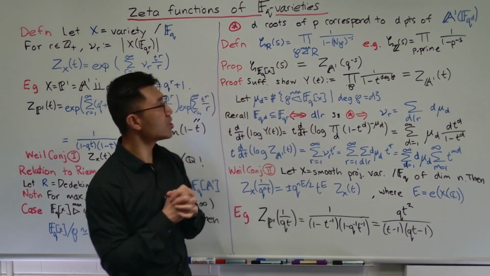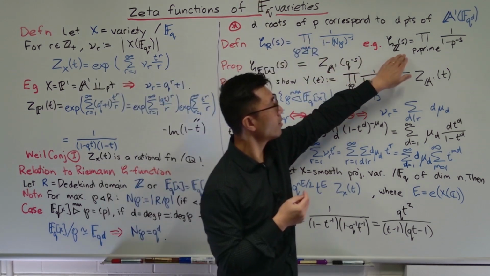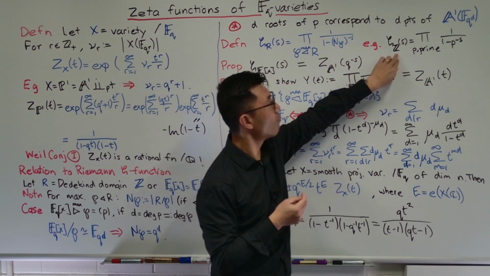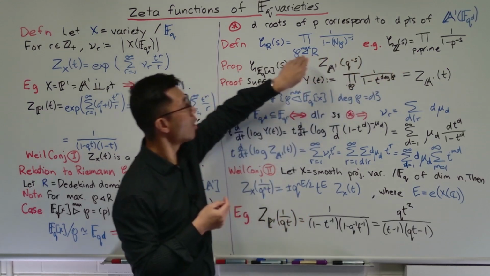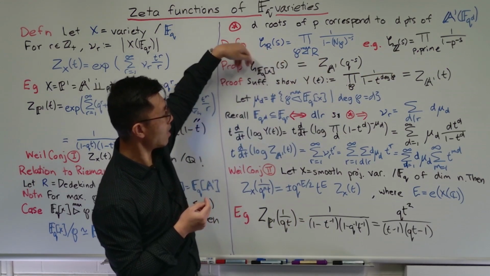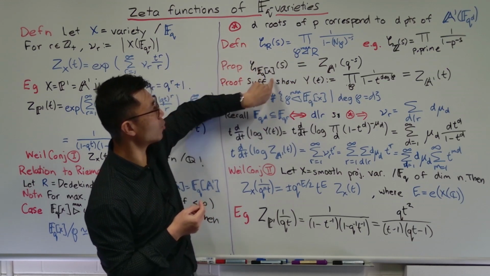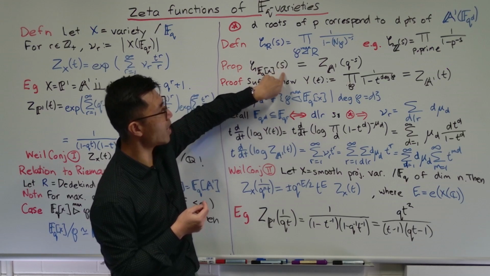So what's the relationship now? We've defined the usual Riemann zeta function here, and we've found a definition which also incorporates the case where you take R to be the coordinate ring of the affine line, in other words, the polynomial ring F_q[x]. This is a function of s.